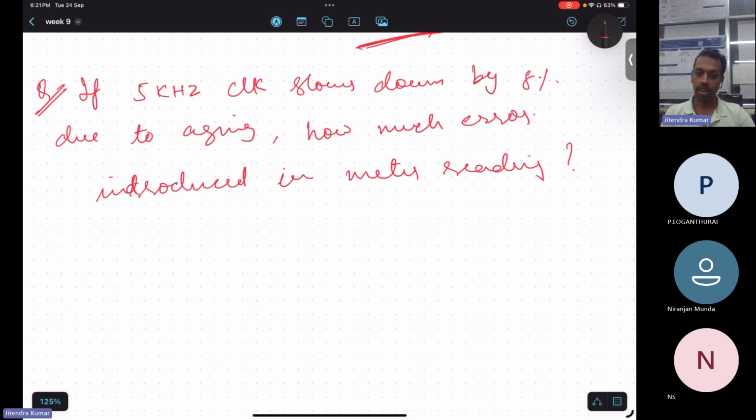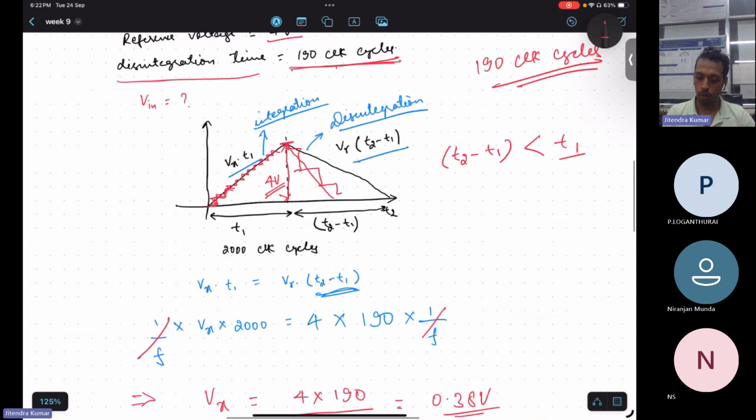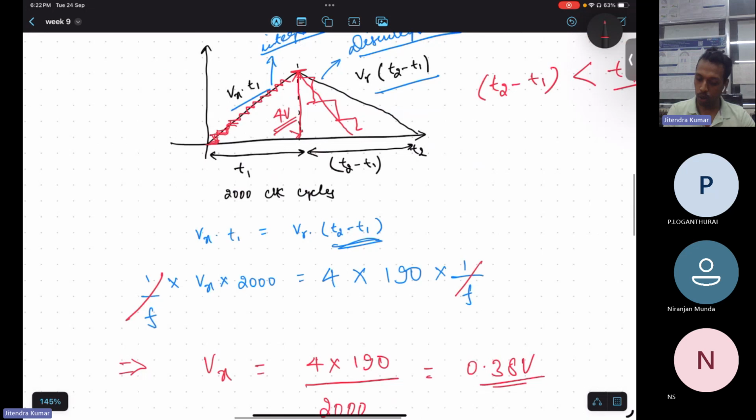Its answer lies in the first part itself, where we saw the slope and where we equated. This is nothing but the clock frequency. Here you could see that both the clock frequency terms get cancelled out.